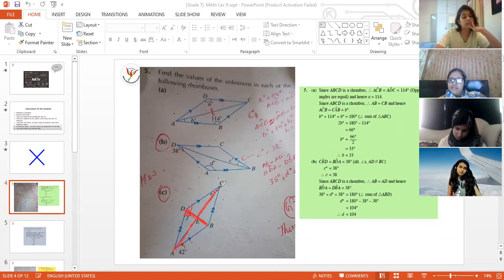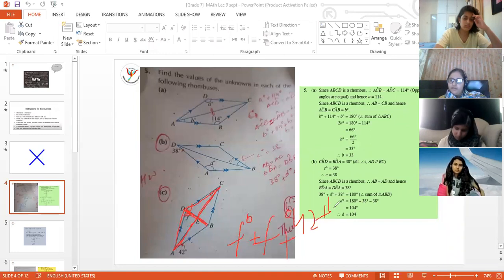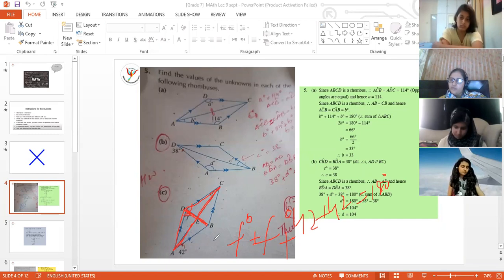So ACD is a triangle. What is angle D? F degree plus F degree. What is angle BAC? 42 degree. What is angle A? 42 degree, which means that the sum of angles of a triangle is equal to 180 degree. You can find the value of F, right? Okay.